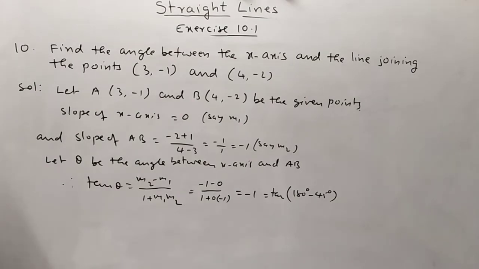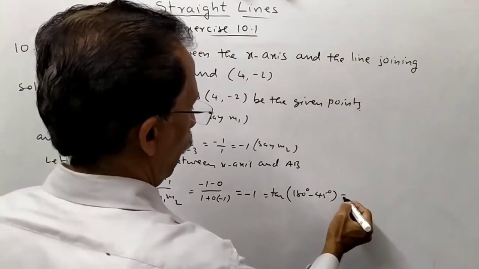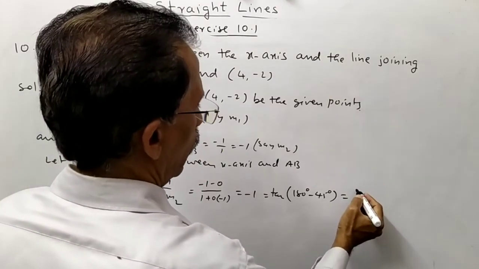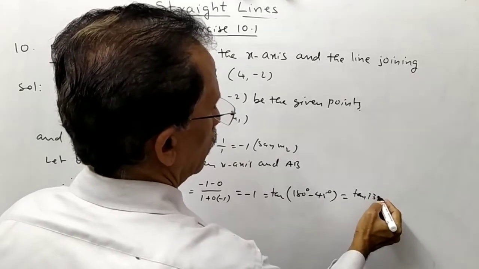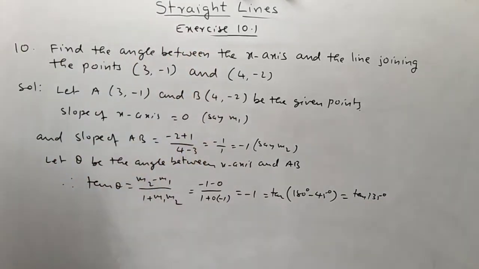Because of minus 1, we can take it in the second quadrant. This is equal to tan 135 degree. This implies theta is equal to 135 degree.